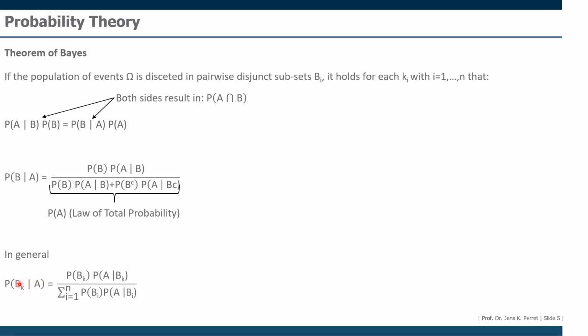So here we're looking for B_k under the condition A. We already know A under the condition B_k. So if it's about switching the condition and what we're looking for as a probability, then you could use the theorem of Bayes. As I said, there are a lot of other things this can be used for, but we do not have the time here to go into all the details.